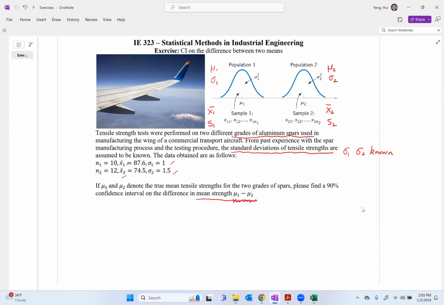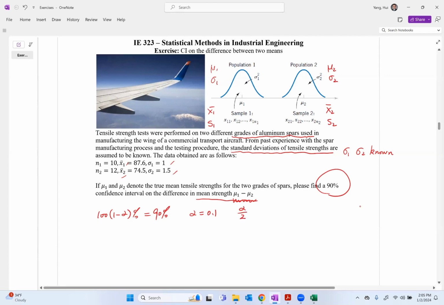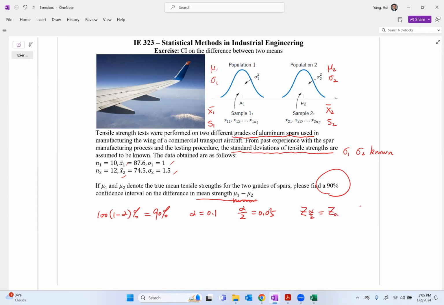So this will be 90%. Here, this is 100 times 1 minus alpha percent, that is, 90%. Because this is 90%, alpha will equal 0.1, and alpha over 2 will equal 0.05. So z alpha over 2 equals z 0.05.